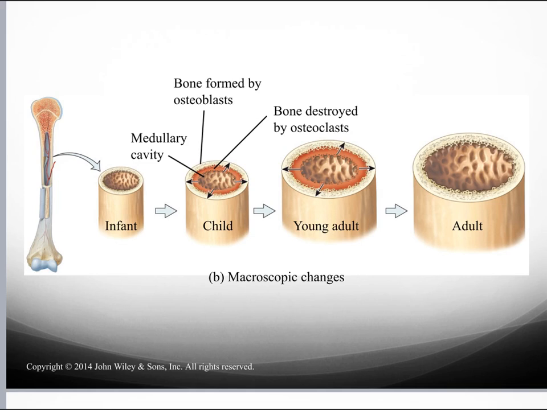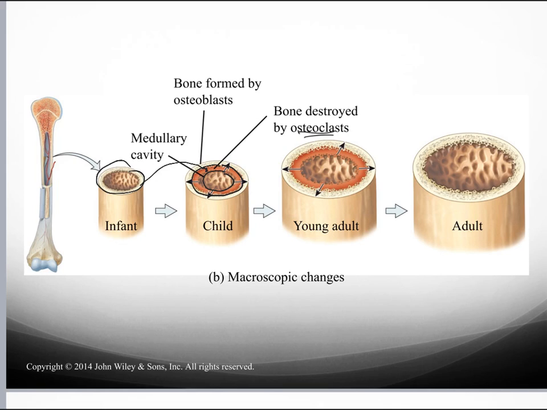So what happens is we build new bone on top of the old bone, and we destroy with our osteoclasts what previously existed. If you were to take this right here and essentially put it into this new bone, the orange is what existed previously, and those osteoclasts destroy it, which makes that medullary cavity that much bigger.